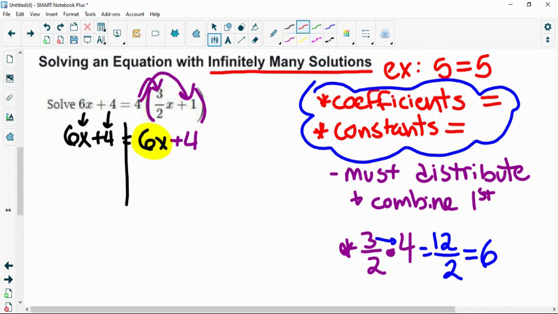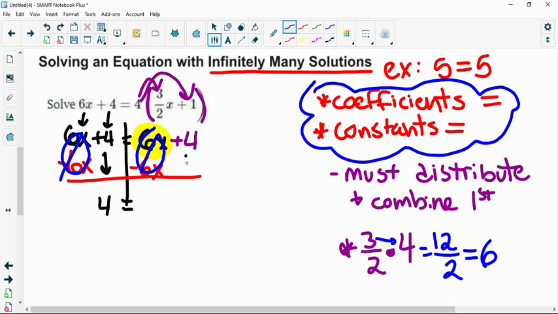If I do the opposite and subtract 6x and subtract 6x, well, when you add opposites, they become 0, and I am left with a positive 4 on the left and a positive 4 on the right.